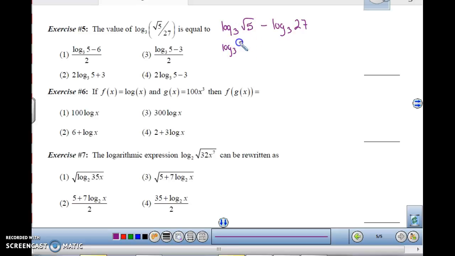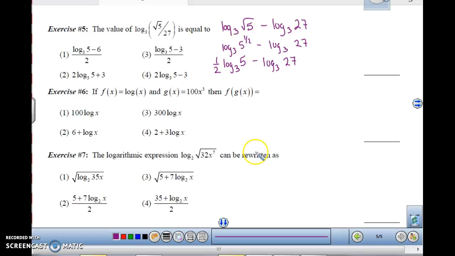Again, power over root, it would be 5 to the 1/2 power. All right, now, this is an exponent, so it would have to be multiplied, so it goes out front. 1/2 log to the base 3 of 5 minus log to the base 3 of 27.